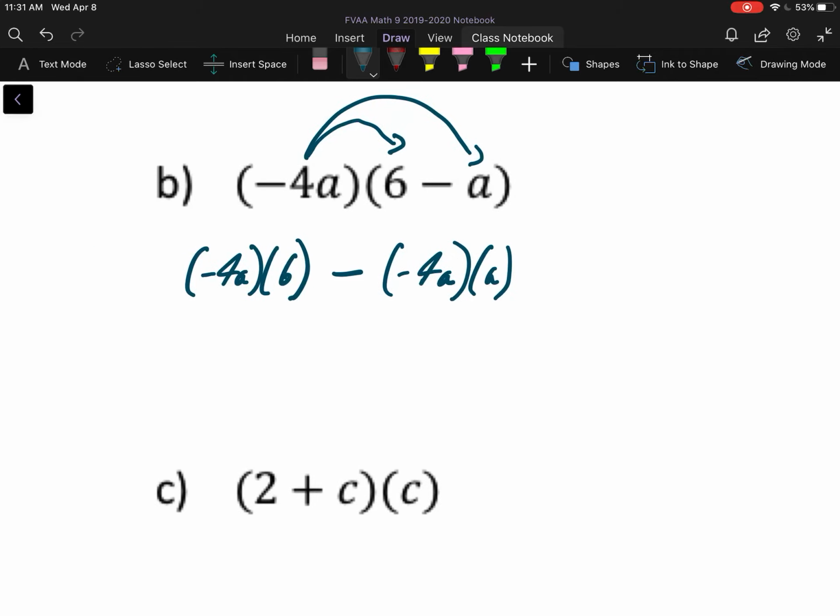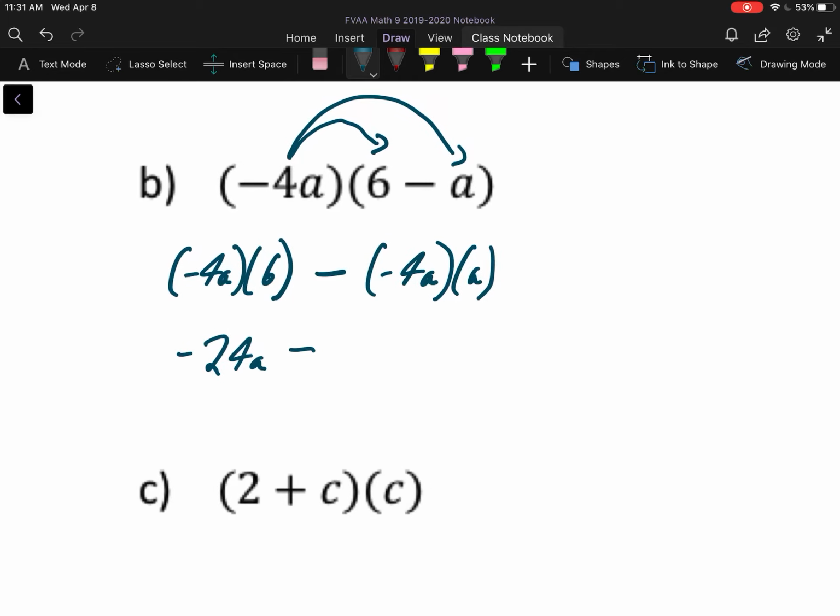Negative 4a times 6 is negative 24a. Then there's a minus. The negative 4a times a is negative 4a squared. And because I'm minusing a negative, this gives me negative 24a plus 4a squared.